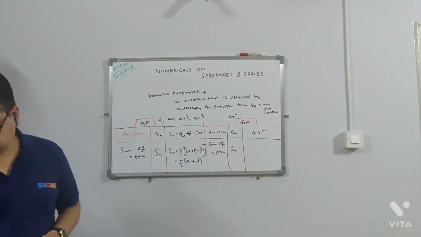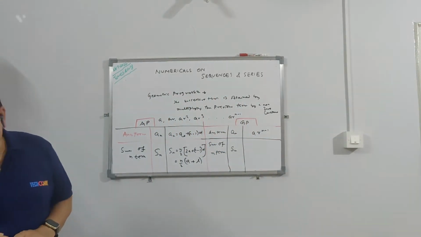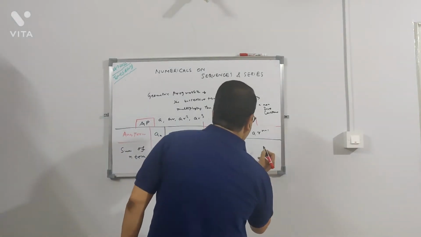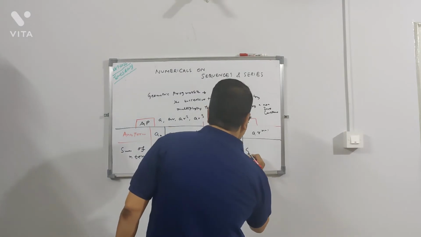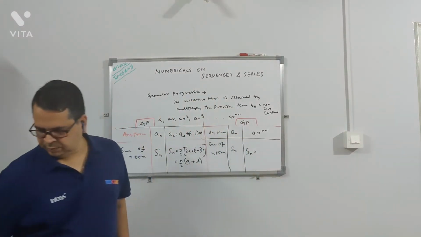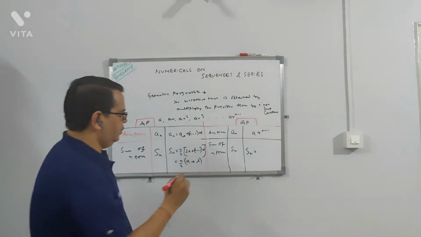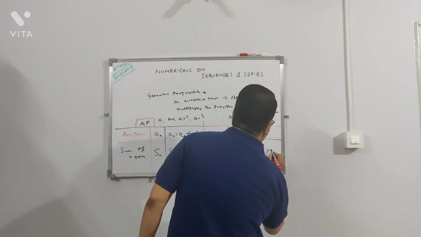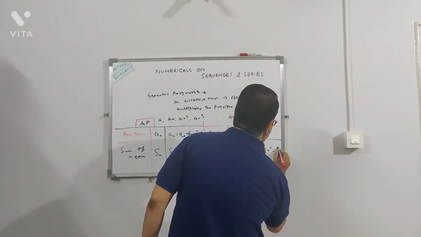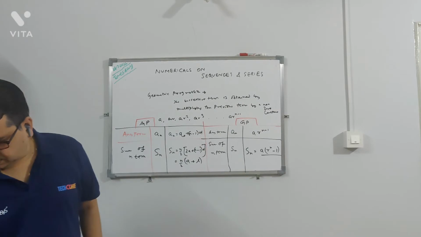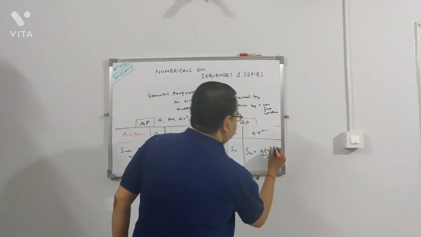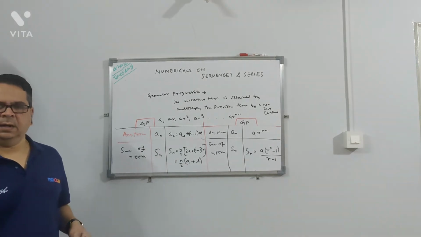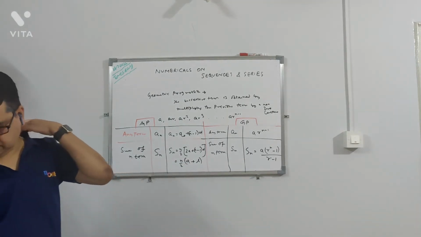Then the sum Sn is equal to a into r to the power n minus 1 divided by r minus 1. You have to remember this. This is if r is greater than 1. If r is a fraction, then it will be 1 minus r.